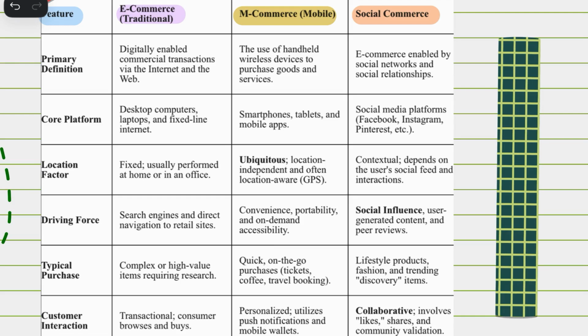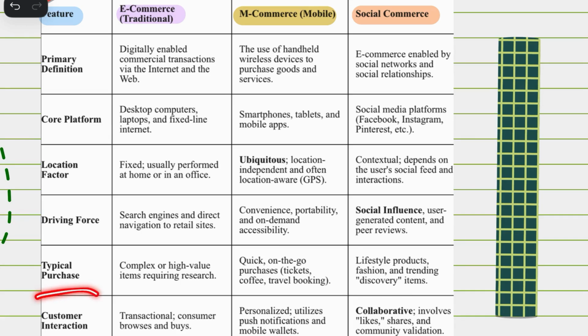If we talk about the driving force, search engines and direct navigation are required in e-commerce, and the driving force for m-commerce is convenience, portability, on-demand accessibility, and for social commerce it is social influence. Since influencers are at their height these days, user generated content and peer reviews are affecting the actual business as well.